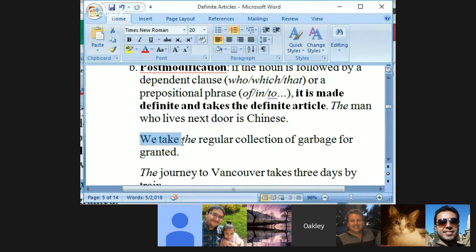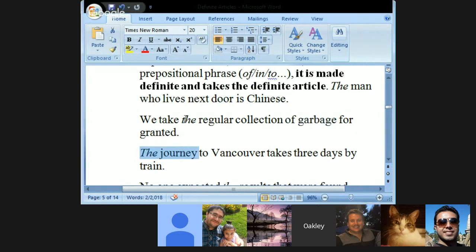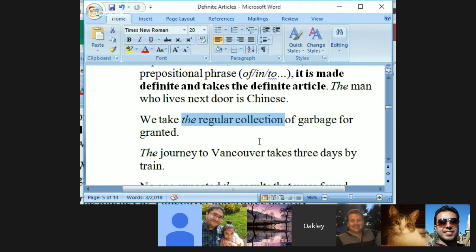We take the regular collection of garbage for granted. Now here, we're using a prepositional phrase. Apparently it's enough. Here's another example. The journey, which journey? Which collection?